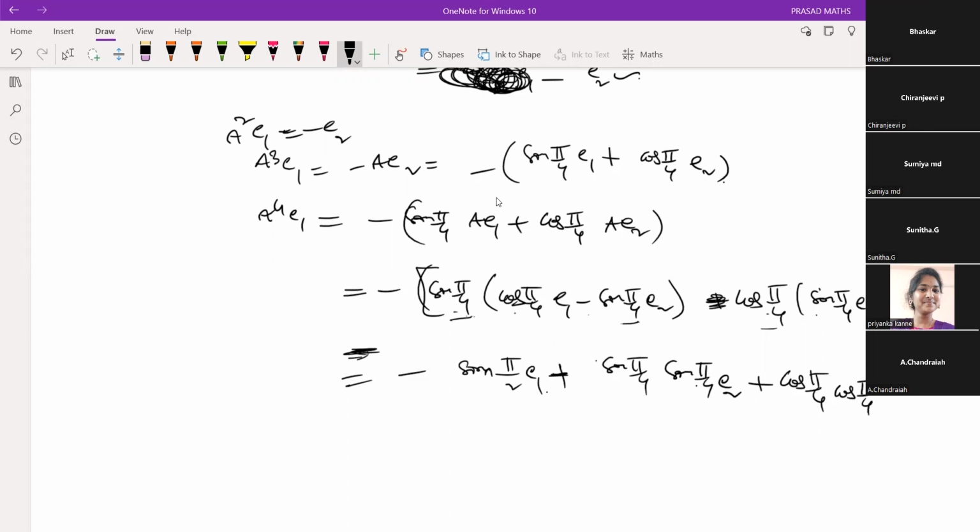Minus and plus, this is a minus. Yes or no? Second step, minus cos pi by 4, minus of a2 is nothing but minus of this.